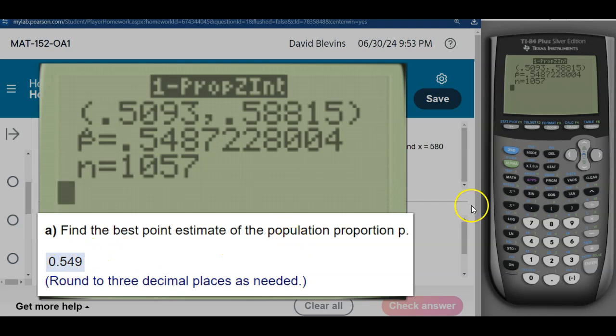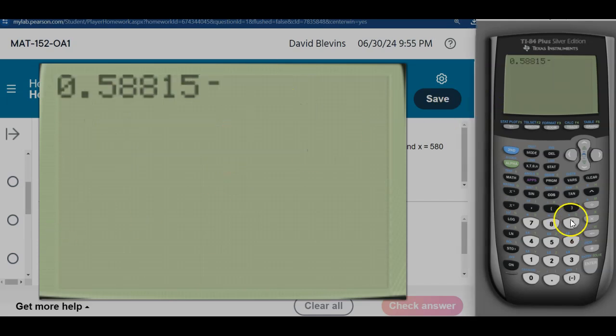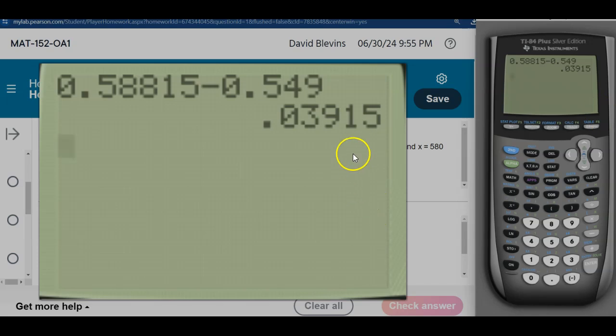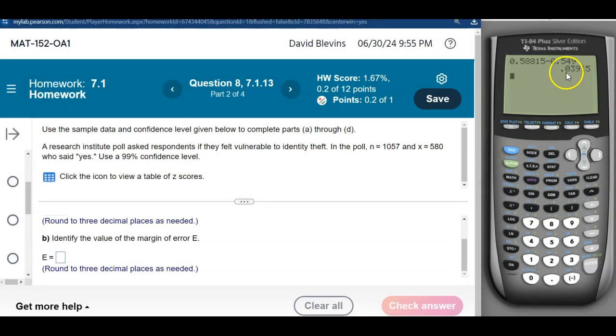We could also get that straight from doing the 1 prop z interval. So what I want to do is subtract: I always do the upper number. The upper number, 0.58815, minus, make sure you use minus and not negative, like I was just doing, 0.549. All right, so that is my margin of error. And again, I only need to round it to 3 places, so 0.039.